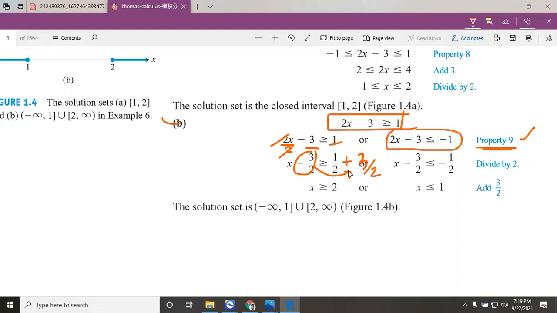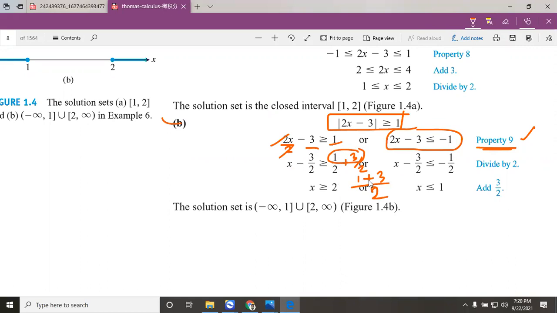Then we get 1 by 2 plus 3 by 2. Let me zoom in on this. If we add 3 by 2 here, we get our denominator 2, so we type 2 here. And for the upper side we have 1 plus 3, so we write 1 plus 3 here.